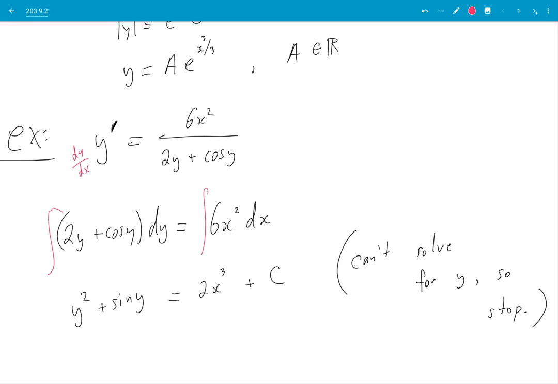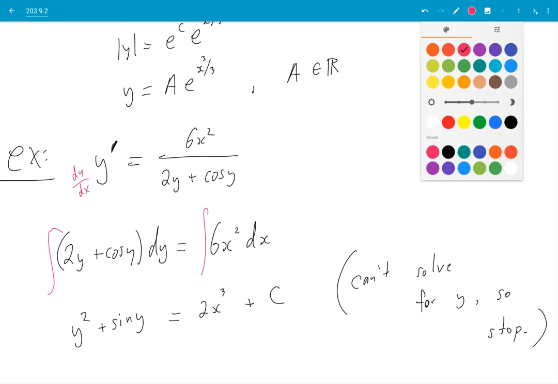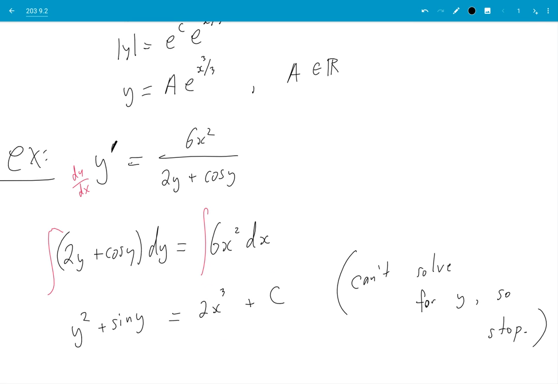So what are my expectations? My expectations are, if you can solve for y, then you must solve for y. And if you cannot, or maybe it's just far too difficult, then you are not expected to solve for y. These two cases should be quite separate.